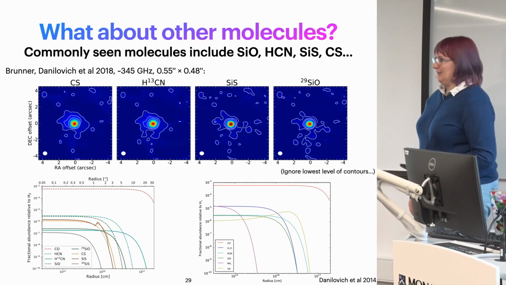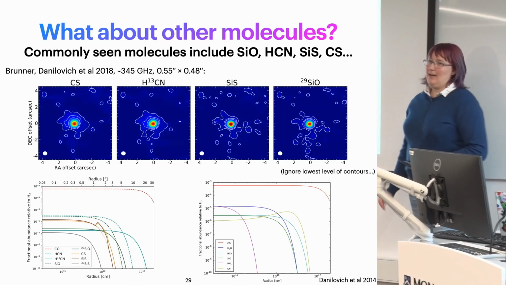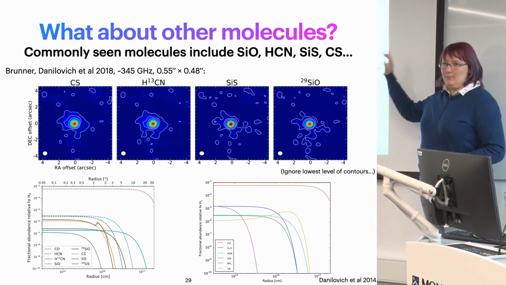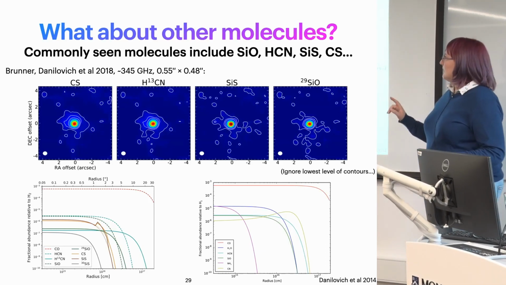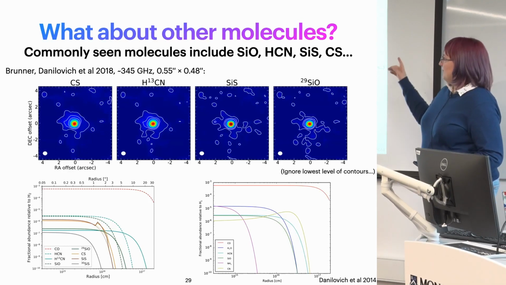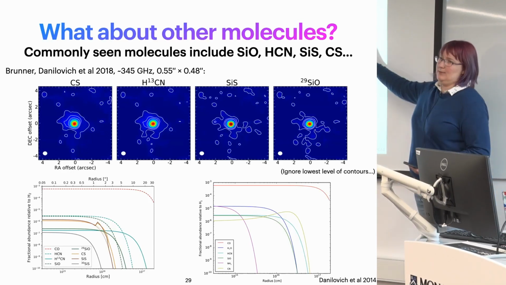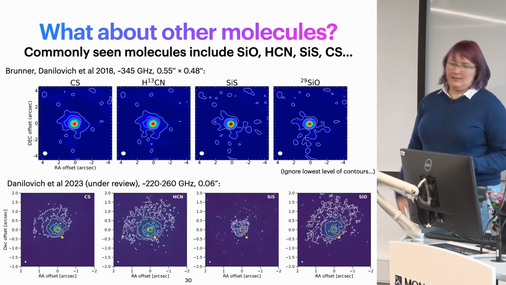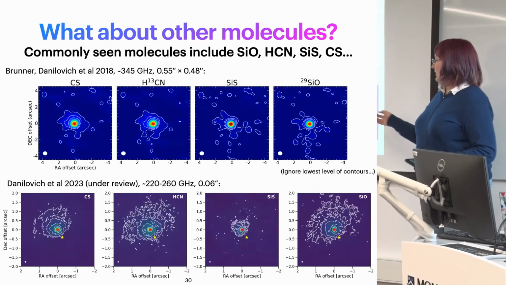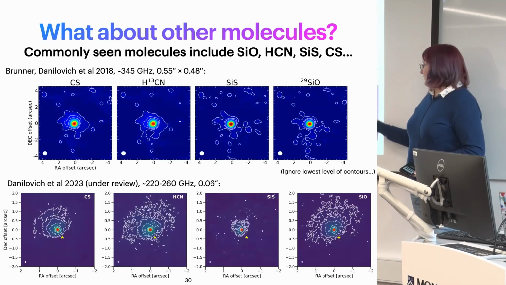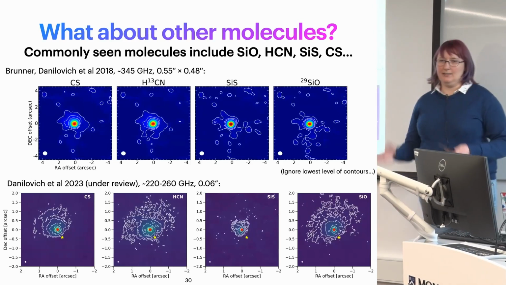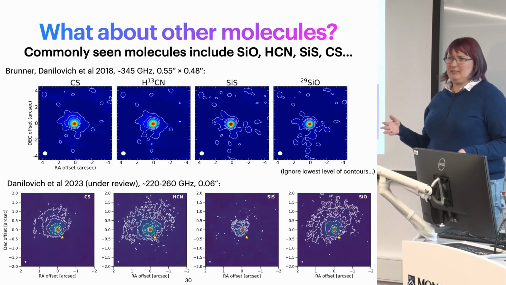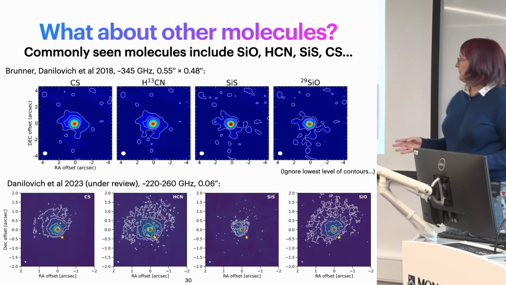But anyway, with ATOMIUM, we now have higher resolution observations of the same molecules, not the same molecular lines, because, just coincidentally, this was looking at CO 3 to 2, and ATOMIUM was looking at CO 2 to 1, as in frequencies near that. Generally speaking, the different transitions are close enough in energy that we don't expect them to differ wildly.